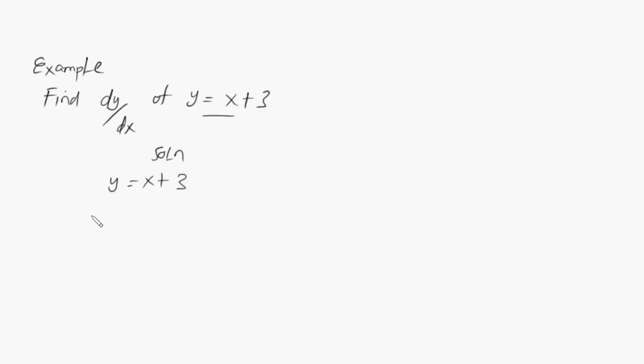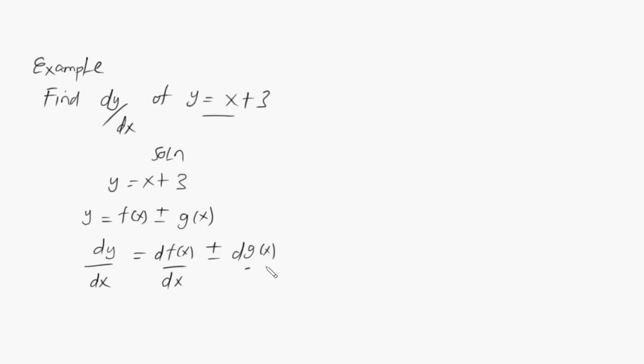Now remember we said that for a given function y equals f(x) plus or minus g(x), the derivative of y with respect to x equals the derivative of f(x) with respect to x, plus or minus the derivative of g(x) with respect to x.